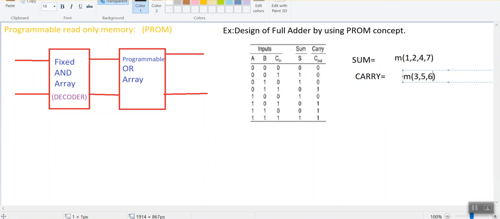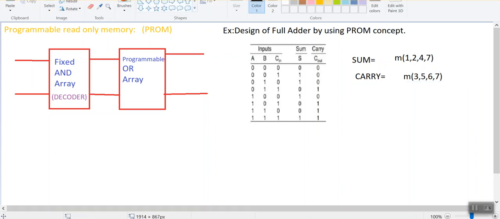So this is the expression for sum and carry. Here I am showing sigma m of and sigma m of. By using these expressions we can design the particular PROM.